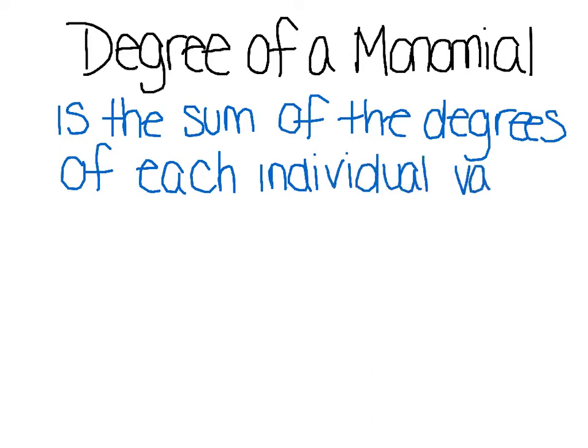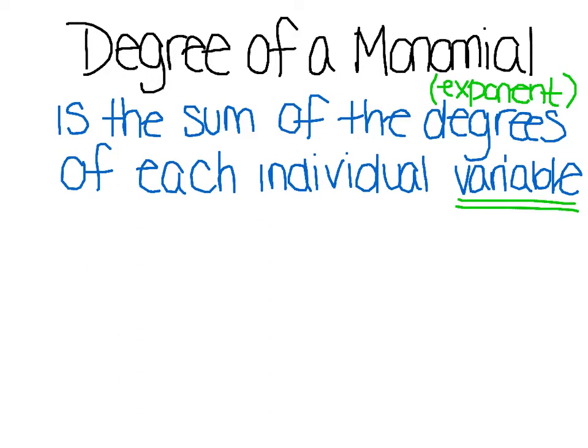There are a couple of things we have to understand about this. First of all, what's a degree? A degree is essentially the exponent. So that's how I want you to think of this. The degree of a monomial is the sum of the exponents of each individual variable. This is the second thing I want you to understand. We are only talking about the exponents of variables.